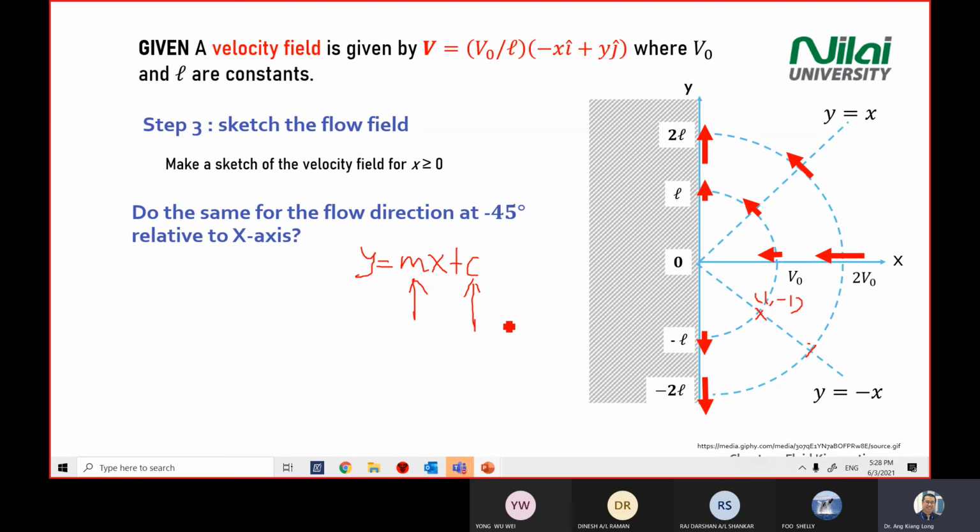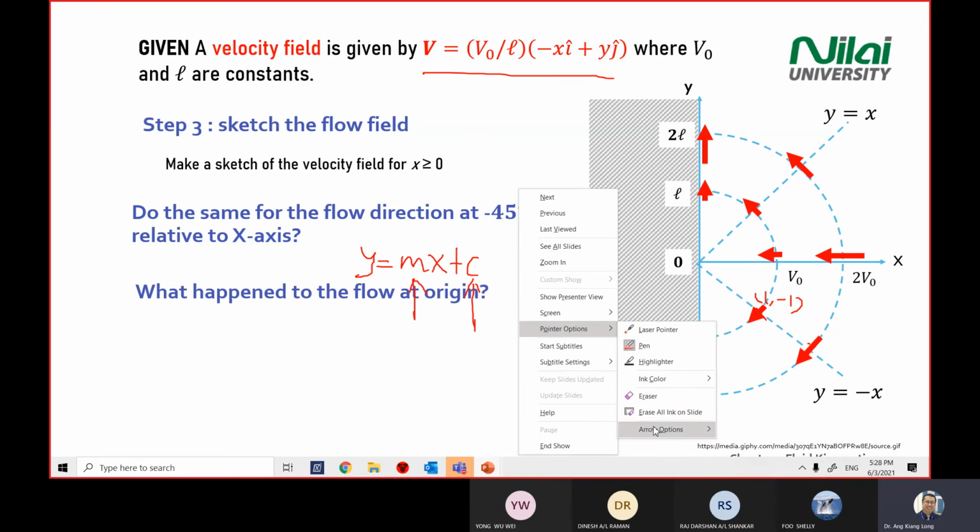You substitute into this equation, you'll get again 2 vector equations. Then you draw out the two vectors, you'll get the resultant vector direction, like what I explained just now. Okay, it is pointing down. Same with this one.